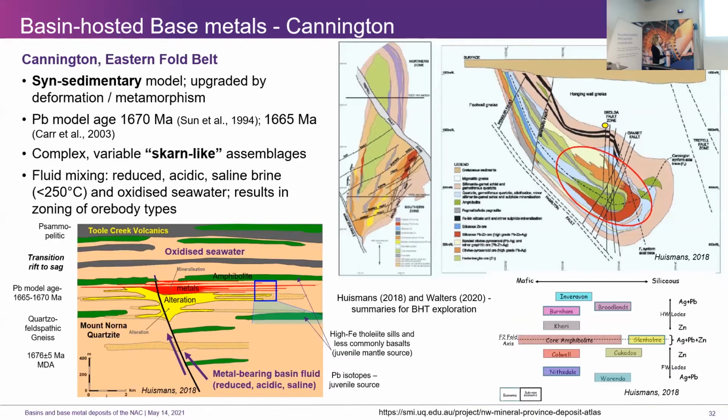The metals are being deposited within the sequence triggered by the oxidized seawater. The alteration can be quite skarn-like and variable, but the ore body's been subsequently metamorphosed to amphibolite to granulite grade. So, and that's been a key factor in upgrading the ore body to make it more economic.